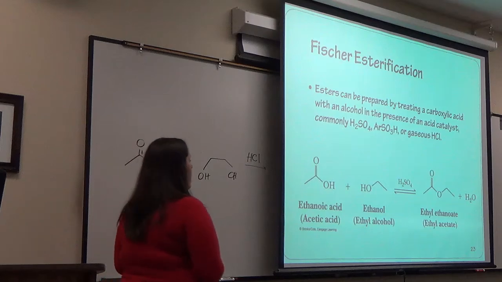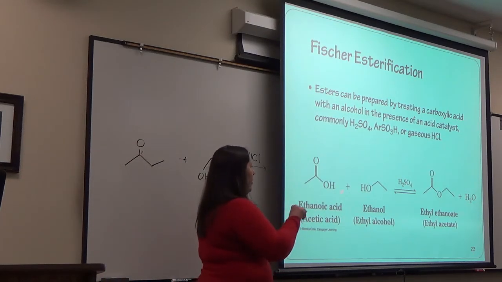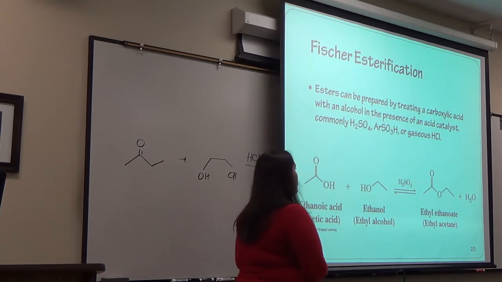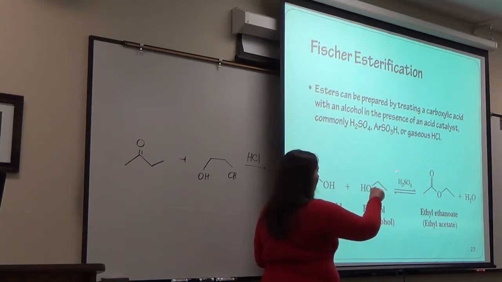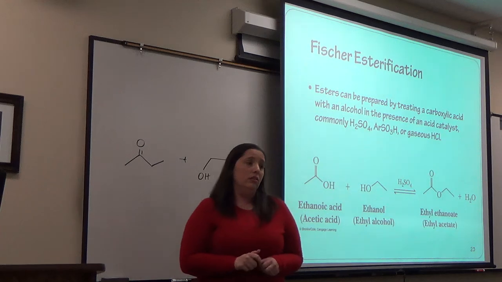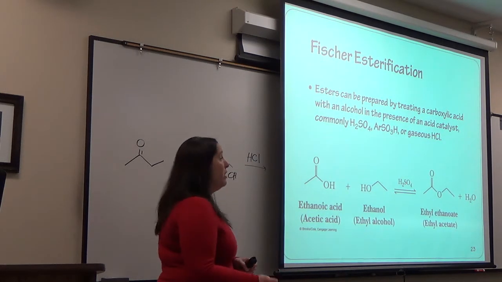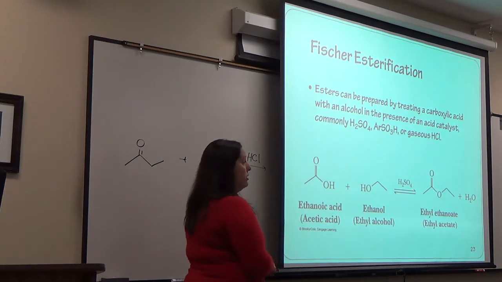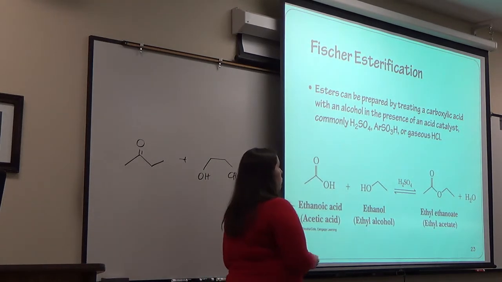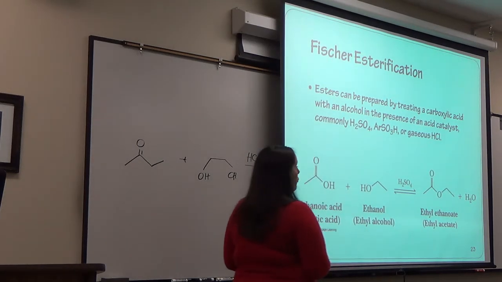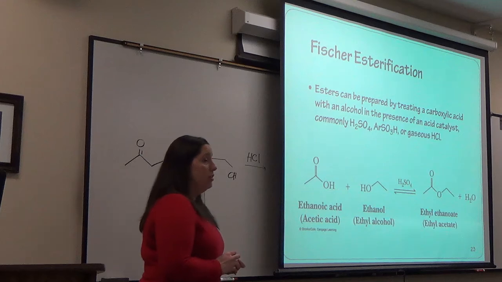You basically take the carboxylic acid, ethanoic or acetic acid here, plus an alcohol, in this case ethanol, and then you have to add a catalyst, and it's an acid catalyst that works best for this reaction. So basically it's an acid-catalyzed esterification. There are mechanisms for a base-catalyzed one, but the Fischer always works best with an acid, in particular sulfuric acid; phosphoric works well as well.